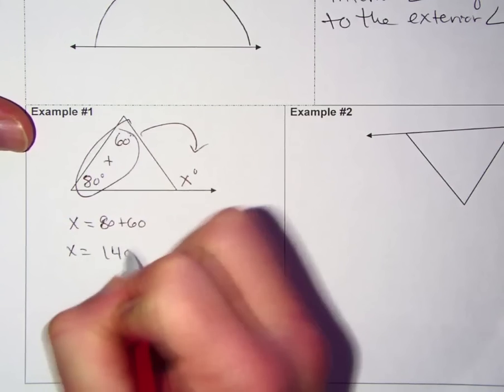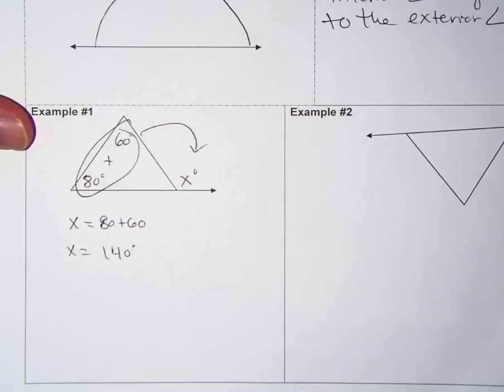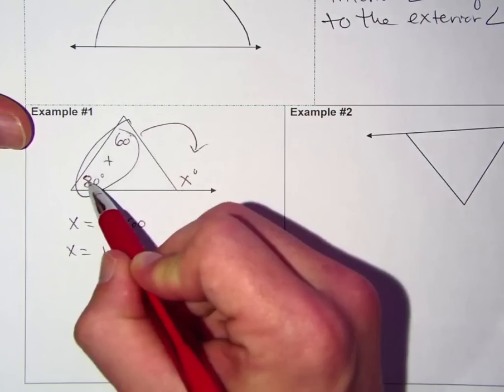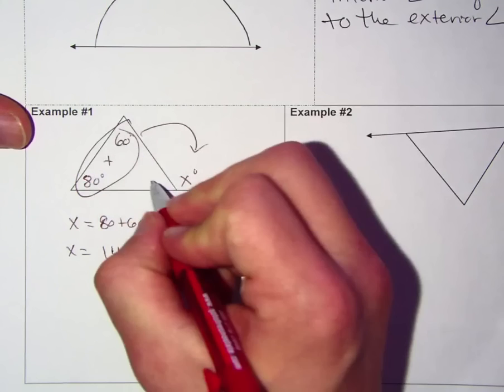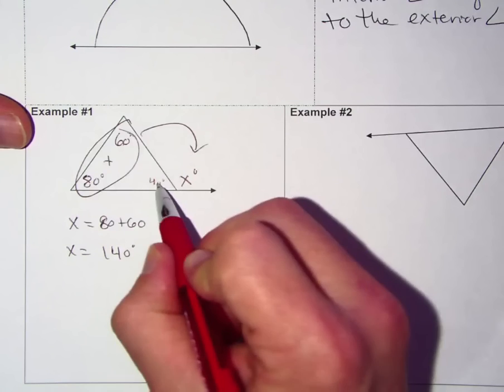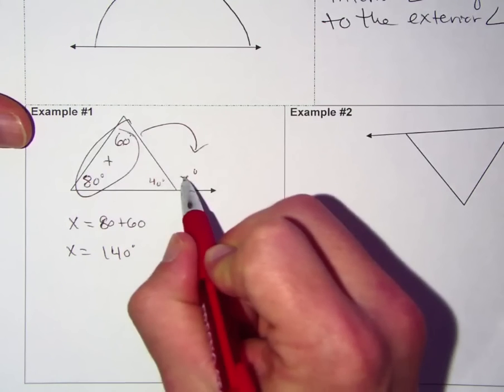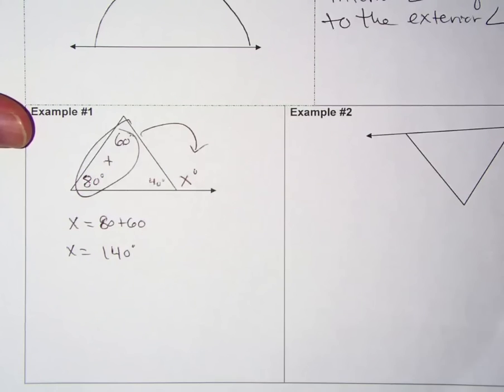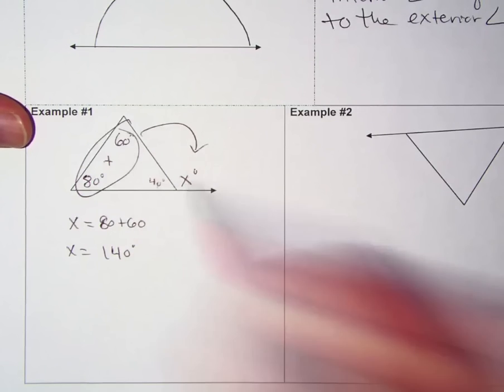So x is equal to 140 degrees. Some people might say, well, these have to sum up to 180. 80 and 60 is 140, which would make this have to be 40 to make 180. And if these are a linear pair, this would have to be 140 plus 40 equals 180. And that's fine. You can hop to here and then to here.